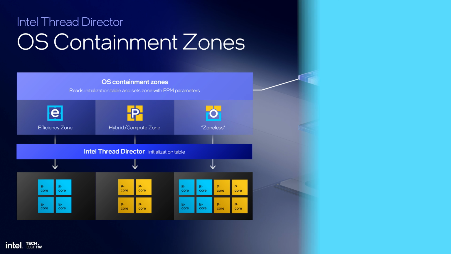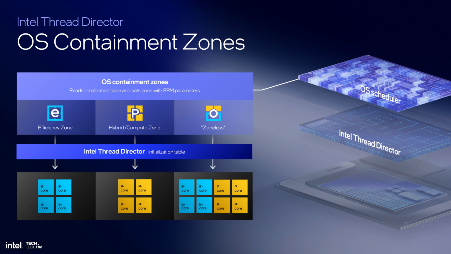We provide them the thread director table that talks about which ones are the efficiency cores, low power island cores, and which ones are the compute island cores, etc. They took this information and created something called zones. The LP cores were the efficiency zone, the compute cores were a hybrid zone, and in Lunar Lake that only included P cores because we didn't have any E cores on the compute zone.